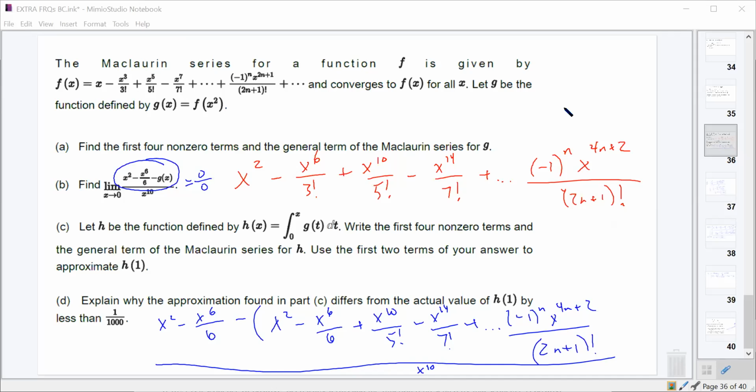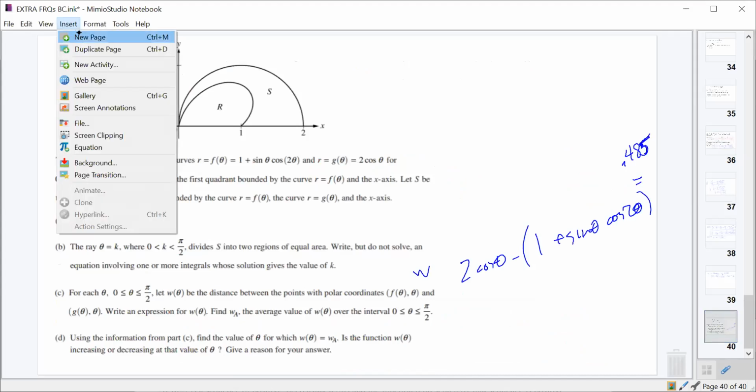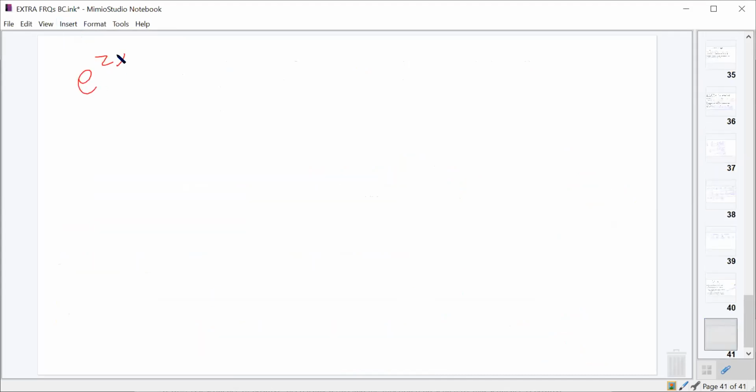I understand the first one, e to the 2x, around 0. So let me put in a new page here so that everybody can see what we're talking about. So e to the 2x, the Taylor polynomial. If you're approximating the Taylor polynomial for that, this is f, right? Suppose we're going around 0. F of 0 is 1. F prime of 0 is 2 e to the 0, that's 2.